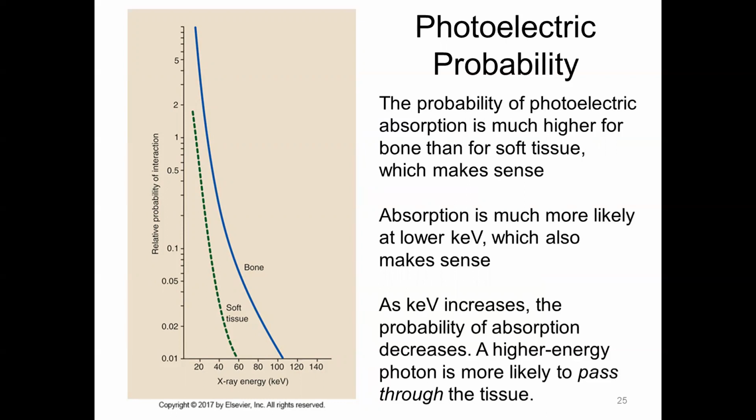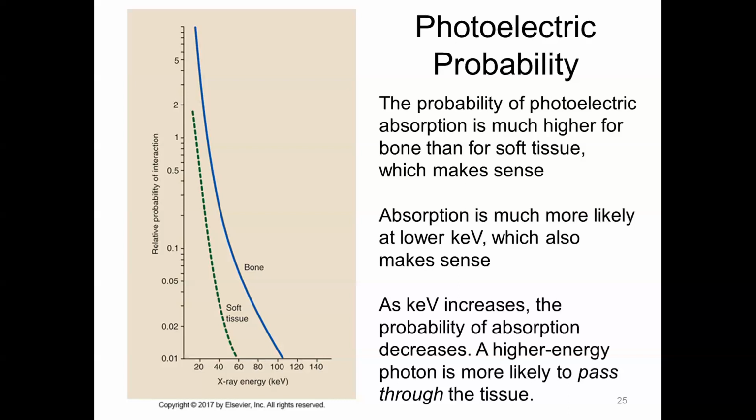Let's look at the axes first. Along the horizontal x-axis is X-ray energy, here in keV, which we have previously said you can think along the lines of kVp. keV is the more precise energy level of any single photon in your beam.